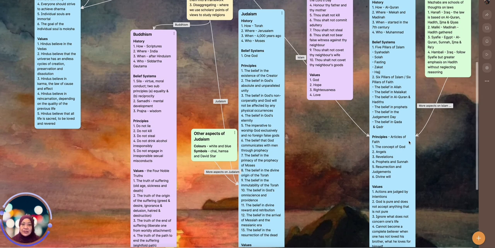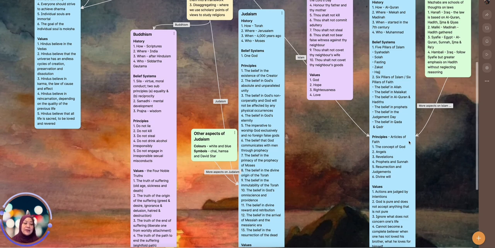And then revelations, prophets and sunnah. Now sunnah, the daily routines of the prophets. For example, eating with your fingers and all those. Resurrection and judgments. That's number 5 for the articles of faith. And last but not least, divine will.